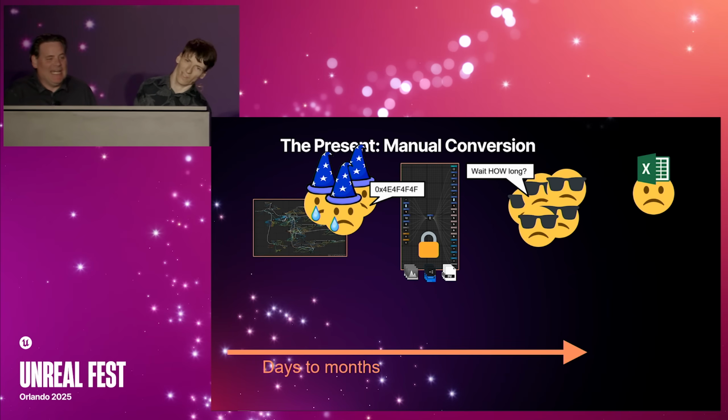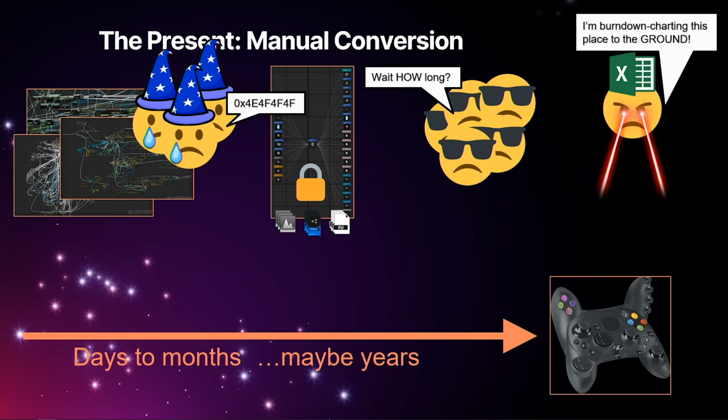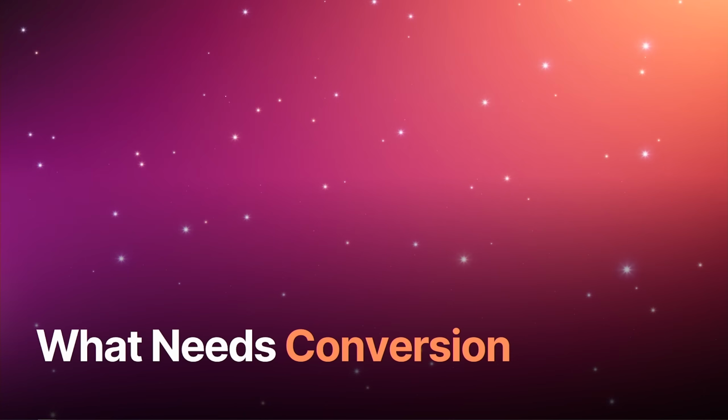That's right. And we're talking days to months, which does sound dramatic, but that's not a joke. Like BP conversion, depending on even a minor complexity, which we're going to demo to you in a second, gets long and fast. It's rough. Yeah, and meanwhile, the team keeps moving and adding more BPs to the pile. That's right. Missing out on the Playbox Switch 3000 launch, and now your producer has gone fully into the red. They're burned down charting everything to the ground.